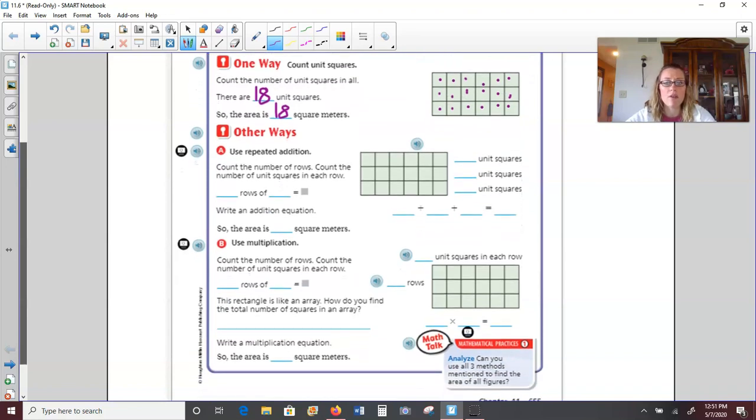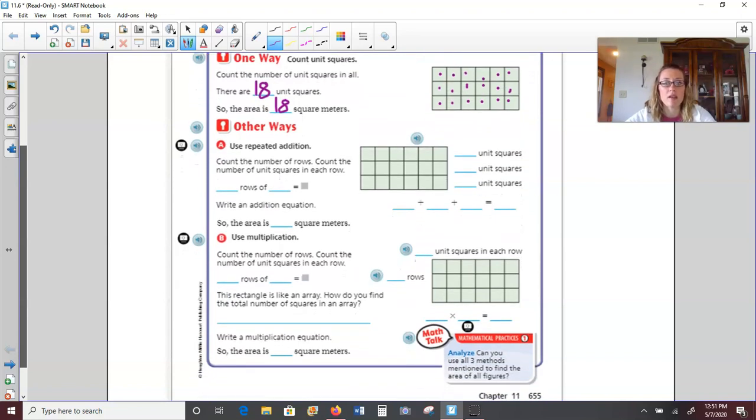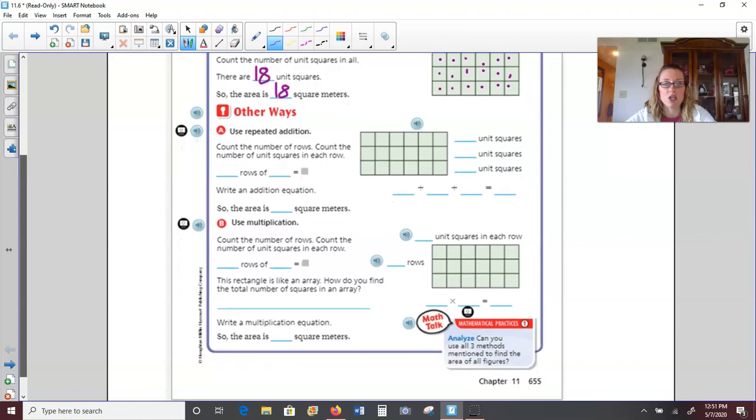Another way we could have calculated the area of Christina's garden is by using repeated addition. We would count the number of rows. There are 3. Here's row 1, row 2, row 3. And then we would count how many are in each row. 1, 2, 3, 4, 5, 6.